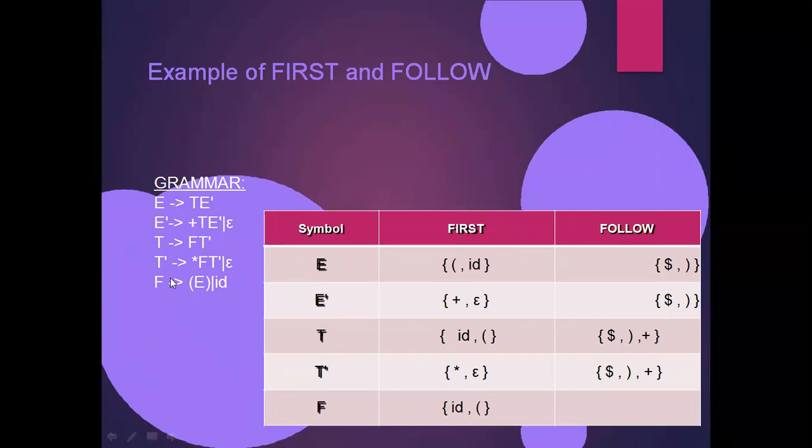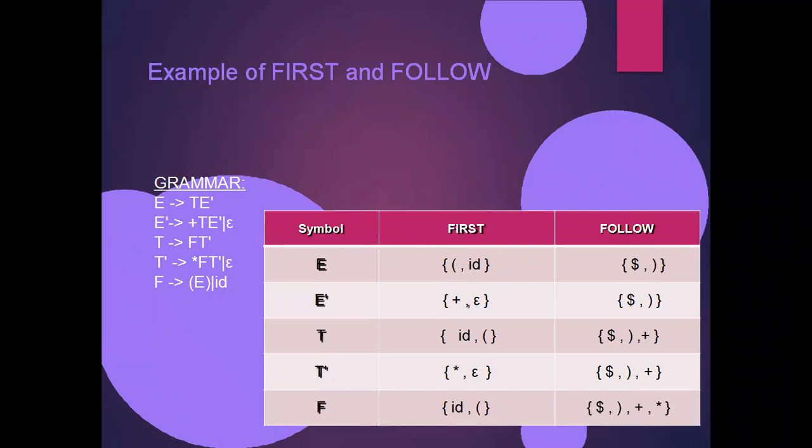See, first apply the rule: follow of A is equal to follow of B. That means T dash is equal to F, T is equal to F. What it means is follow of T is equal to follow of T dash is equal to follow of F. Already we get star union this one: dollar, comma, closed parenthesis, comma, plus, means star, comma, dollar, comma, closed parenthesis, comma, plus is the output of follow of F.